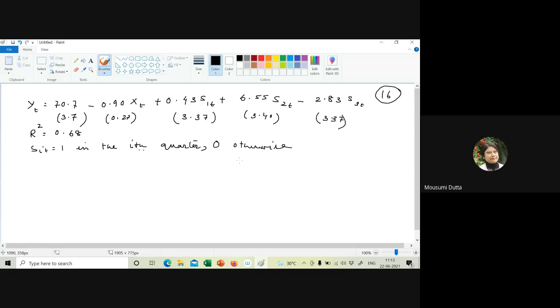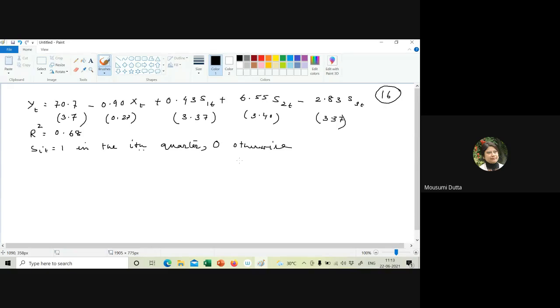Now, if you look at the T statistics in the parenthesis, for the 3 seasonal dummy variables, T statistics are 3.37, 3.40, 3.37. So can you tell me whether the seasonal coefficients are significant or not? If yes, why yes?